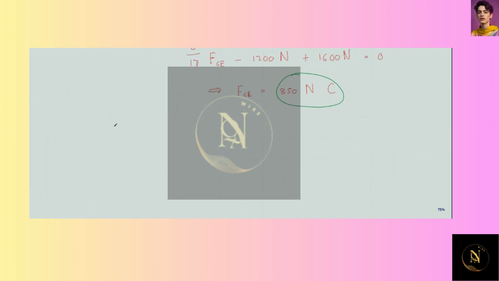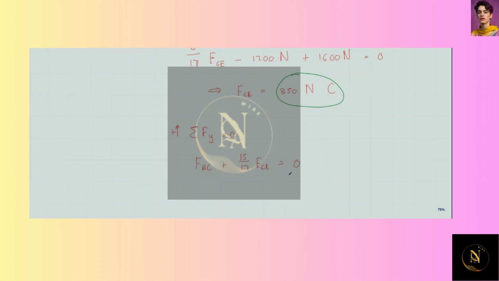Again, we can look at the y components, and the sum of these components must again be 0 since there's no net motion in the y direction. This gives us F_BC plus 15 over 17 F_CE equals 0.